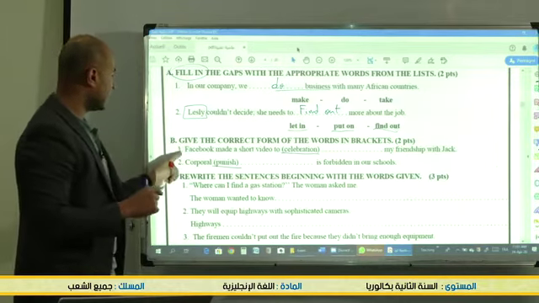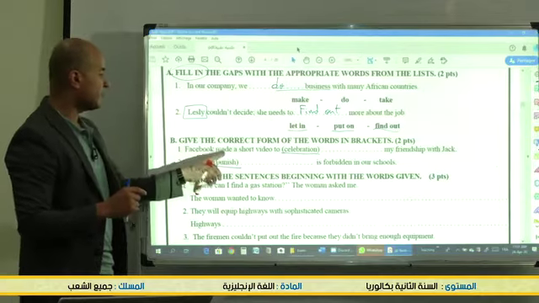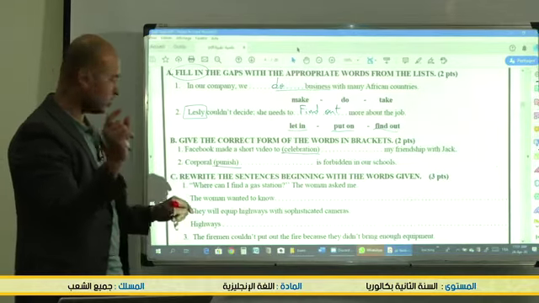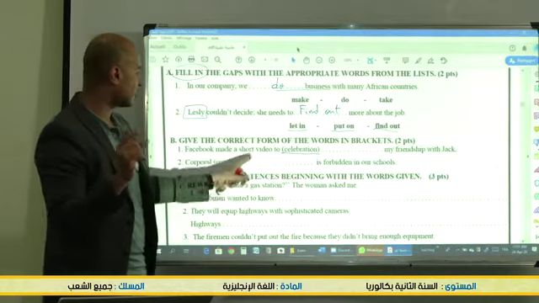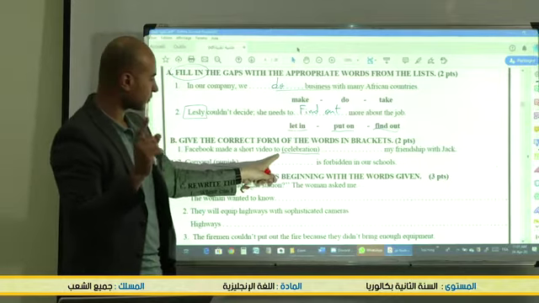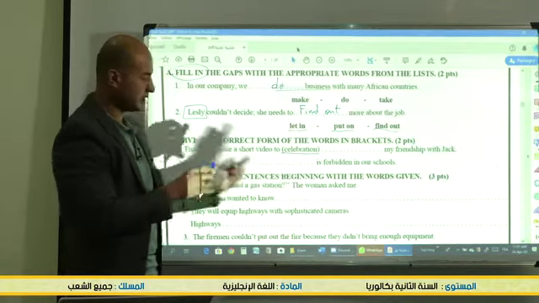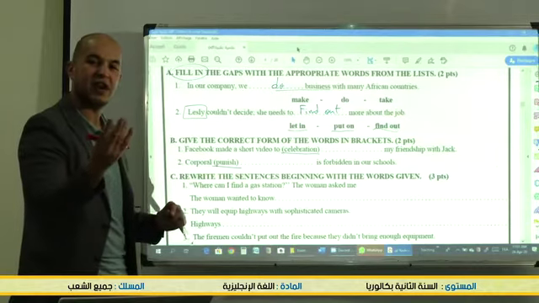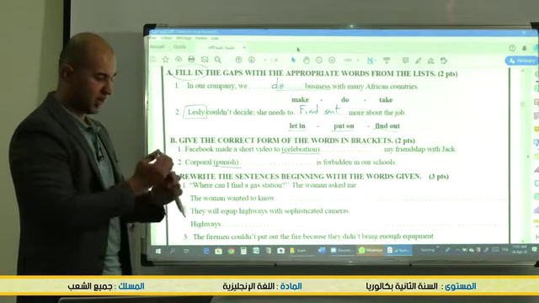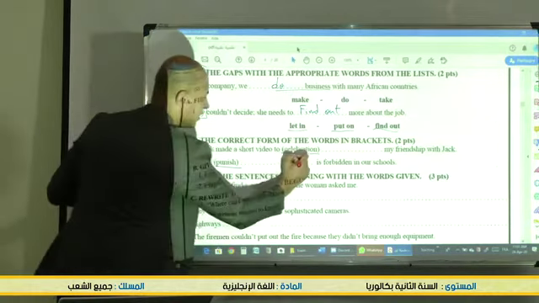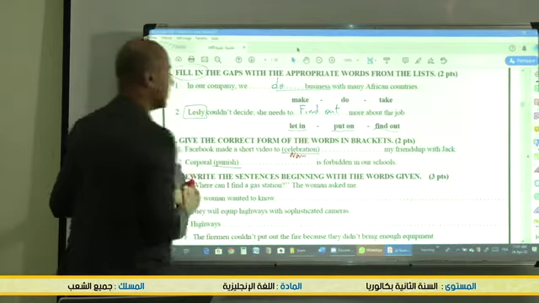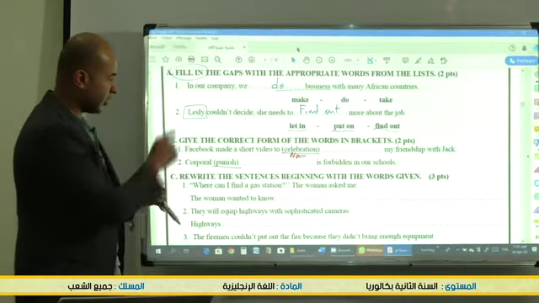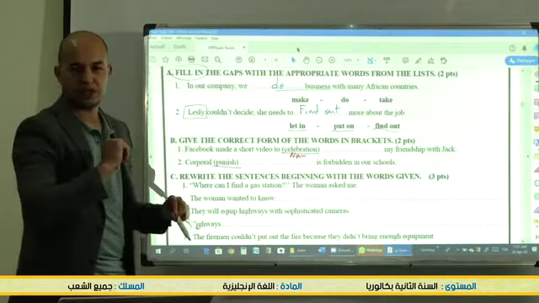Very good. So in some situations we will need a verb or an adverb or an adjective or a noun. We will see. Number 1, Facebook made a short video too. And we have celebration. Celebration is what? Is it an adjective, a noun, a verb, or an adverb? Celebration is a noun. Okay? So to celebration, my friendship with Jack.